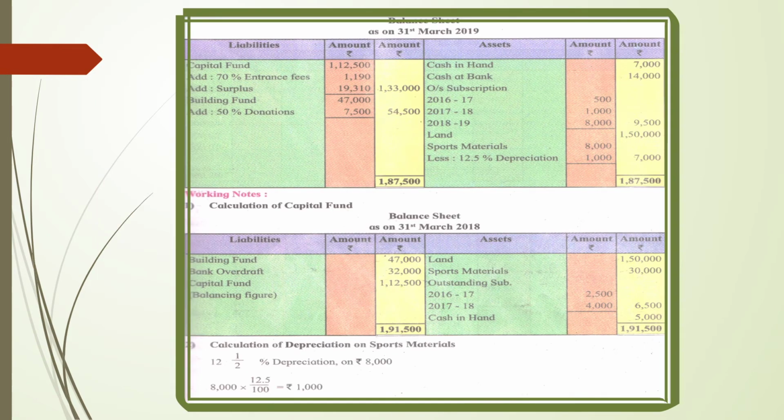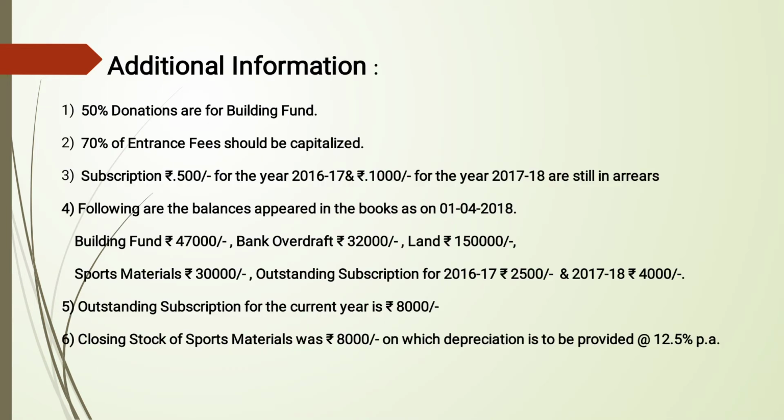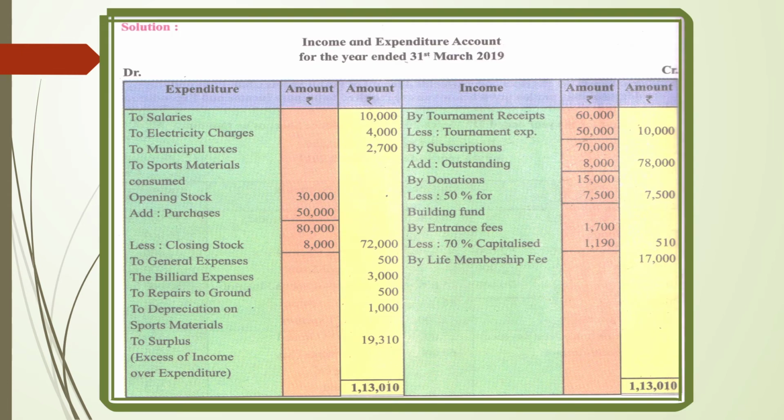Let's see the next item, entrance fees. See adjustment number 2, entrance fees. 70% of entrance fees should be capitalized. It means only 30% is treated as revenue, entrance fees or revenue income. So on the income side you have to write entrance fees 1,700 less 70% capitalized, that is 1,190.